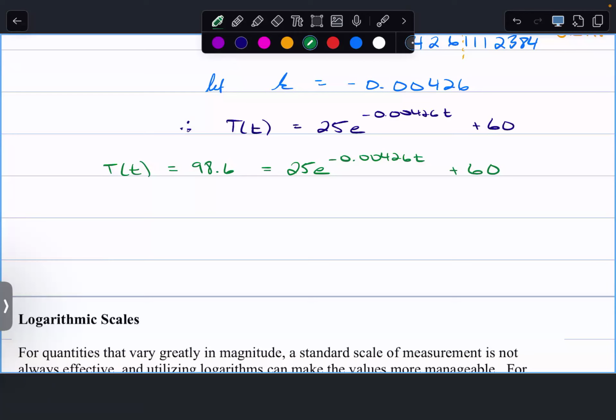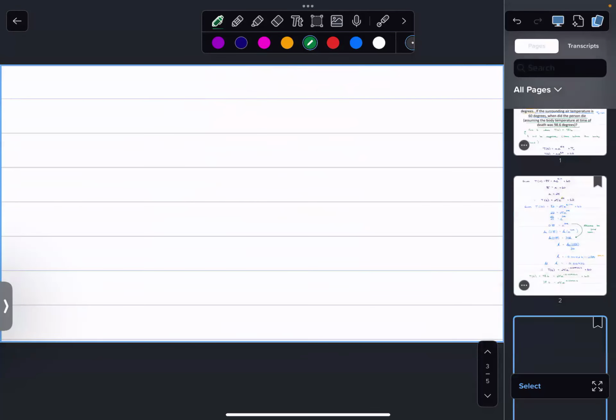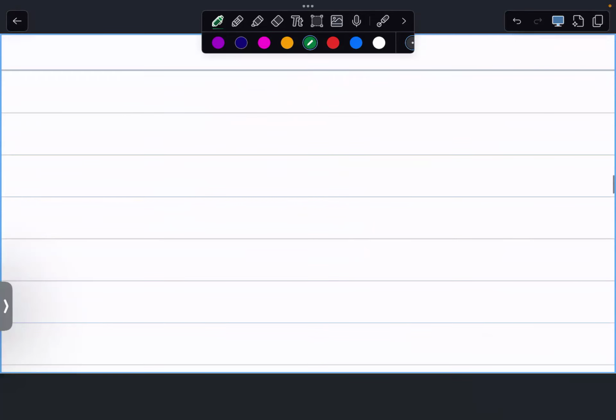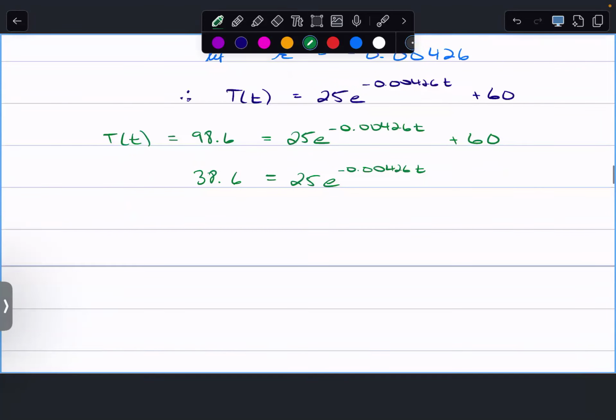Okay. 98.6 minus 60 is 38.6, which is 25 e to the negative 0.00426 t. I think I'm going to need another page here. Divide by 25. Oh, it's still nice.